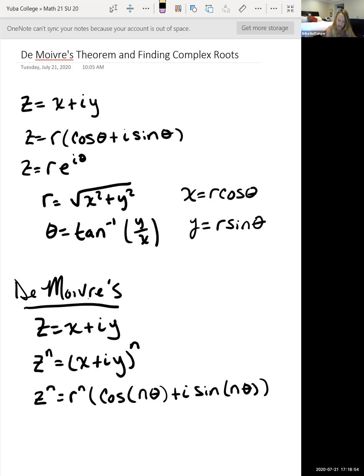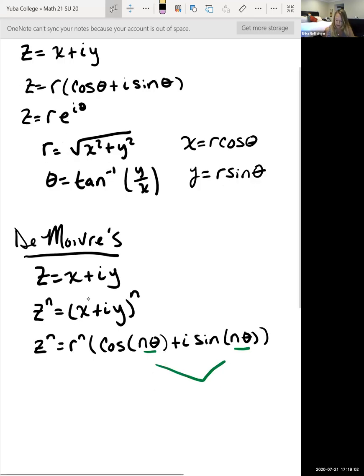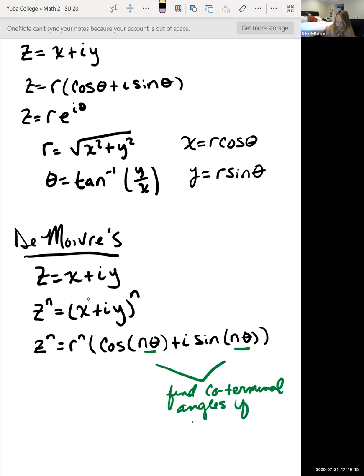Usually here, if our value theta is not between 0 and 2 pi, we can rewrite it by finding coterminal angles.